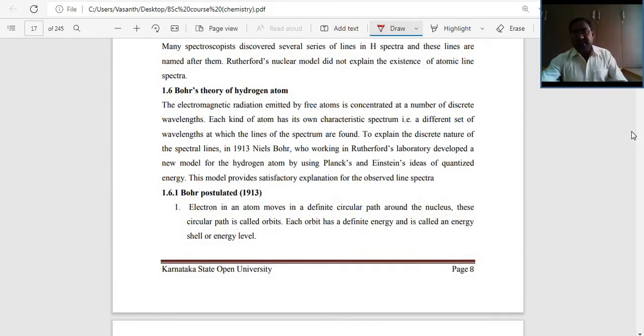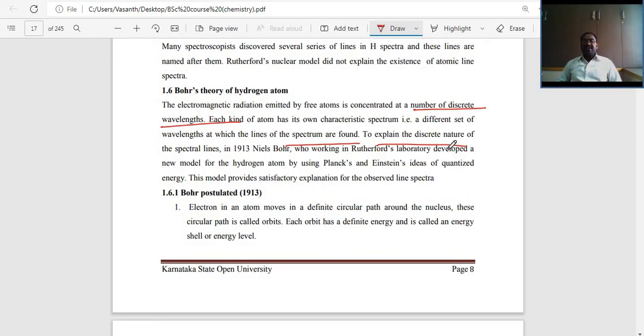So, electromagnetic radiation emitted by free atoms is concentrated at a number of discrete wavelengths. Each kind of atom has its own characteristic spectrum, that is, a different set of wavelengths at which the lines of the spectrum are found.